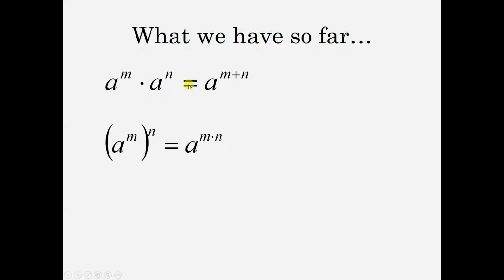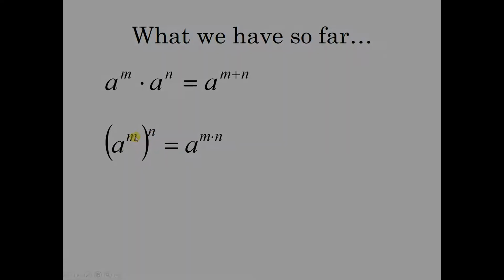The reason why is this says that there are that many of this base multiplying, and it's being multiplied by that many of the same exact base. So there would be this and that many all together, so you would add. Whereas this one, this is n groups of m, and that's what multiplication is. You have this many groups of A being multiplied by itself that many times.